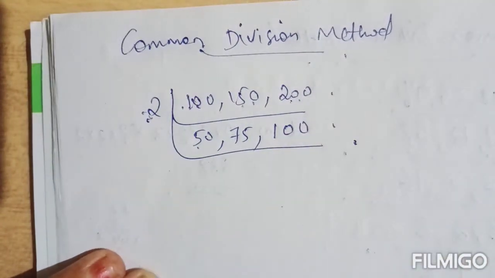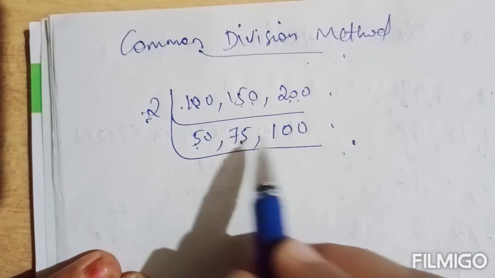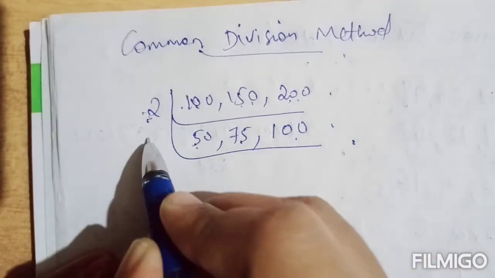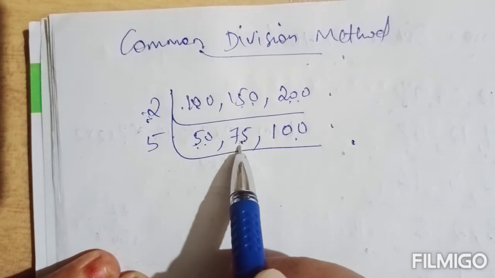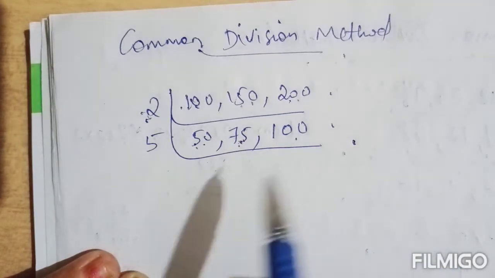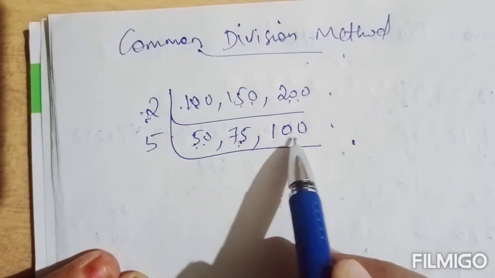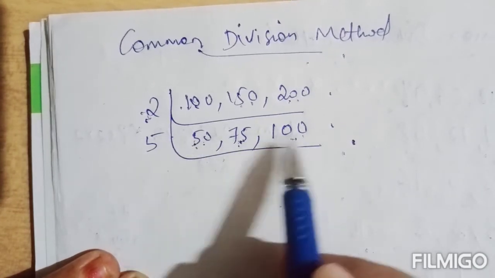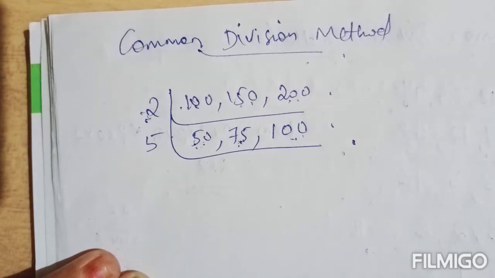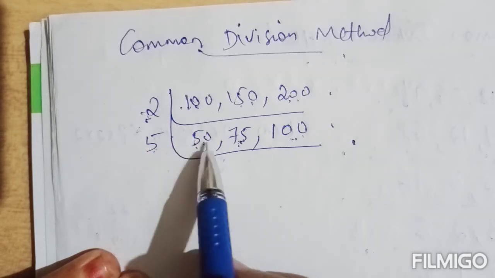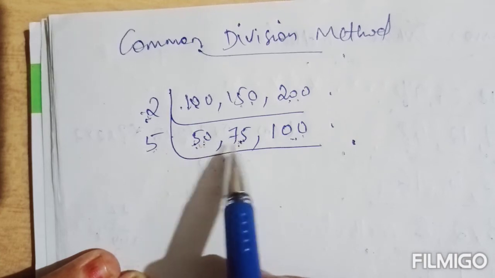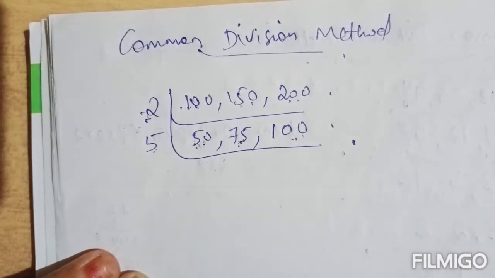Now we can divide 50, 75 and 100 by 5 only. 2 we can't select because 75 we can't divide by 2. Now 3 also we can't take because 50 and 100 are not divisible by 3. So the next prime number is 5. 50, 75 and 100 we can divide by 5.